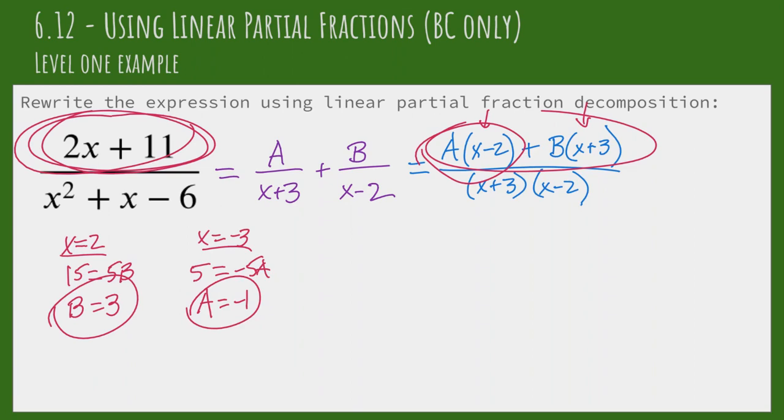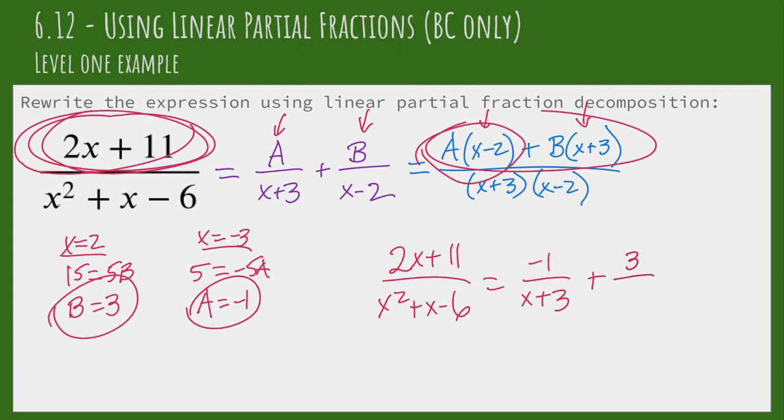And so in the end, we're going to get an expression where we put a here, we put b here, and that's going to be equivalent. So 2x plus 11 over x squared plus x minus 6 is going to equal a, which is negative 1, over x plus 3, plus b, which is 3, over x minus 2.